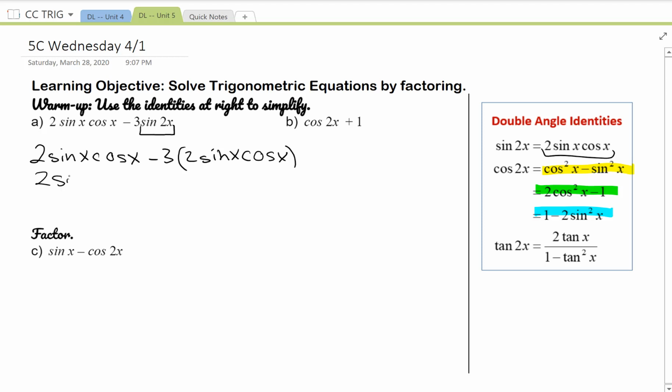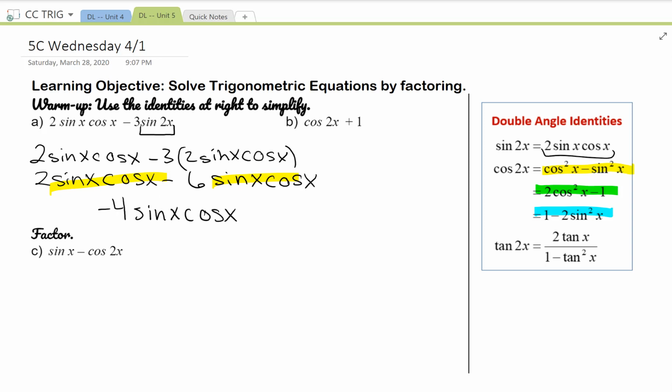That is just 6 minus 6 sine x cosine x. And hey, you have like terms. This is a sine x cosine x term, and this is a sine x cosine x term. So just subtract the numbers. 2 minus 6, negative 4 sine x cosine x.